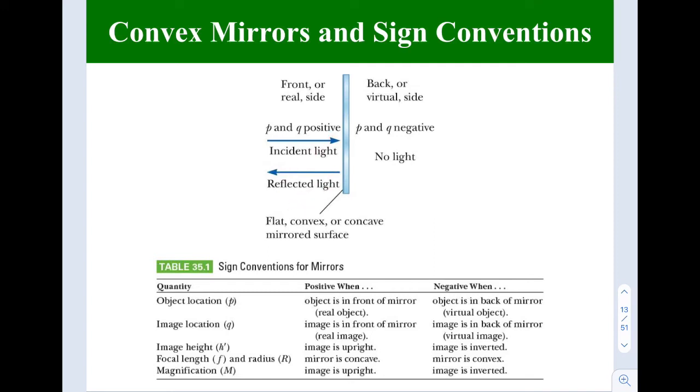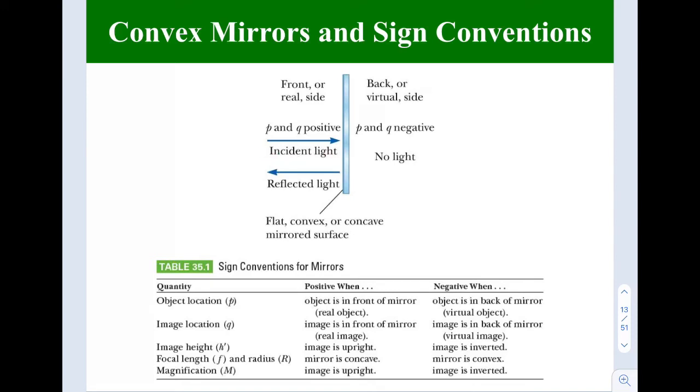If the position of the object or image is at the back of the mirror, it's going to be negative. Negative means virtual, because the law is reflection. There is no light at the back here. All the light incident on a mirror is going to be reflected back.